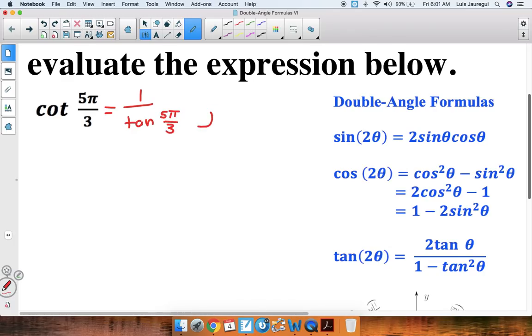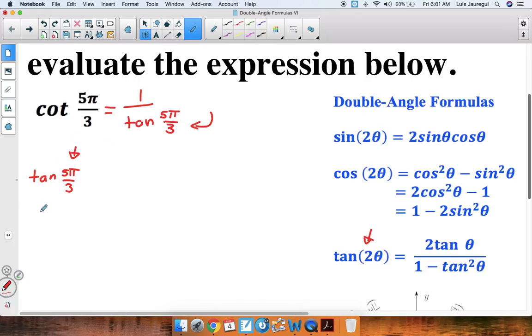Now, focusing our attention on this denominator, let's evaluate tangent of 5 pi over 3. Looking at our double angle formulas, we see that tangent will have an input of 2 theta, and here tangent has an input of 5 pi over 3.